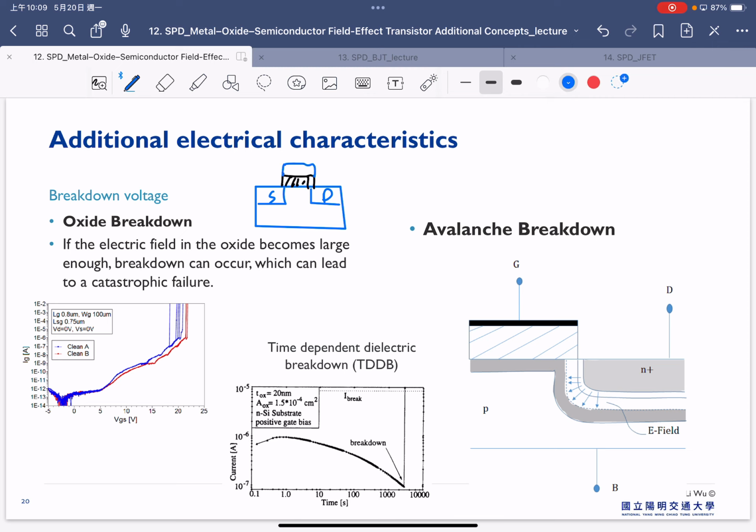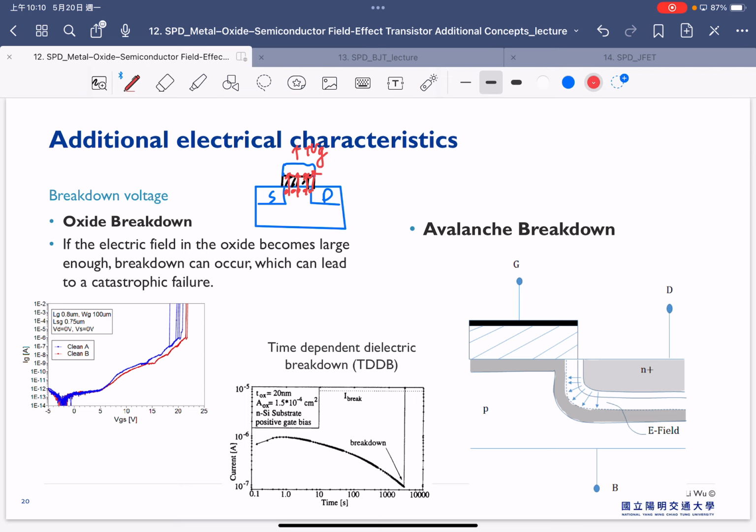Once we apply the gate bias, for sure, first we will start to form the inversion electrons in the channel. And we can also expect that this inversion charge, these electrons, can possibly flow to the top of the gate metal.